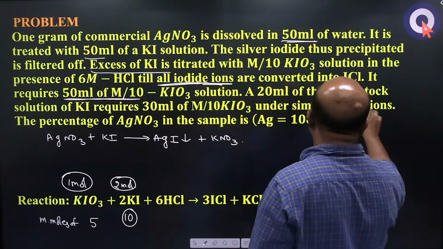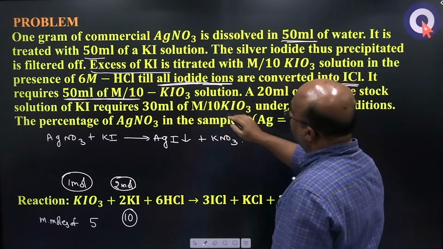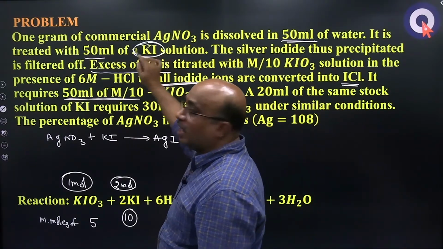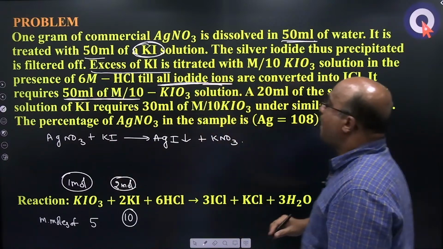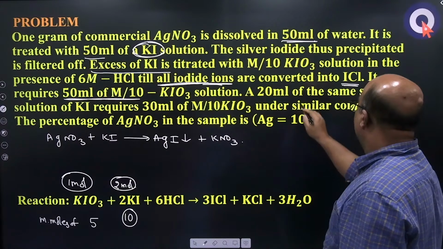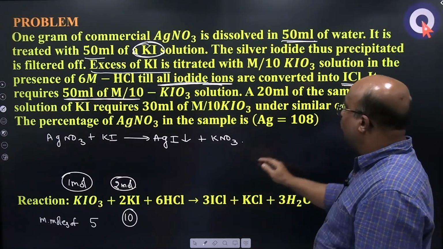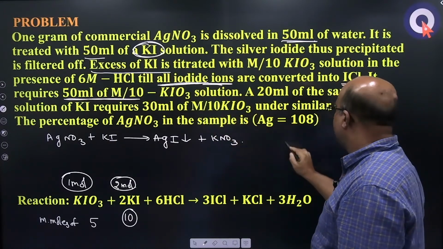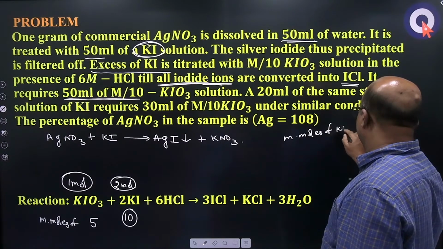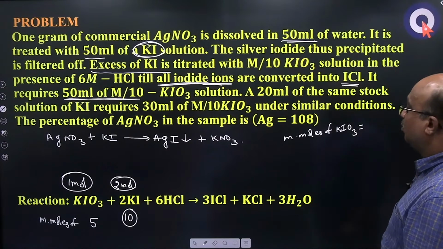20 ml of the same stock solution requires 30 ml. So we have a particular concentration of KI. What is that KI concentration now? So if you take this relation, number of millimoles of KIO3, what is the number of millimoles of KIO3?